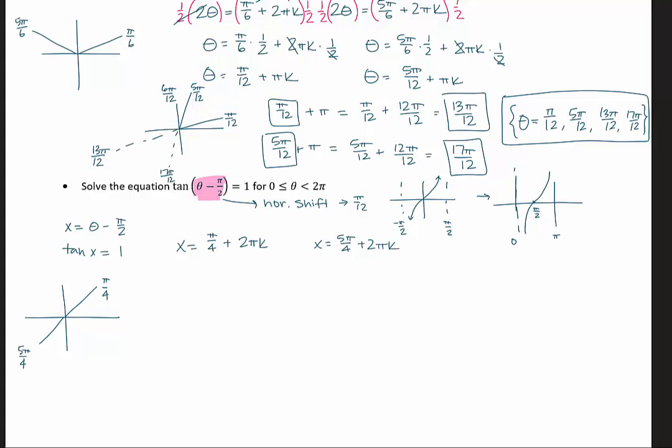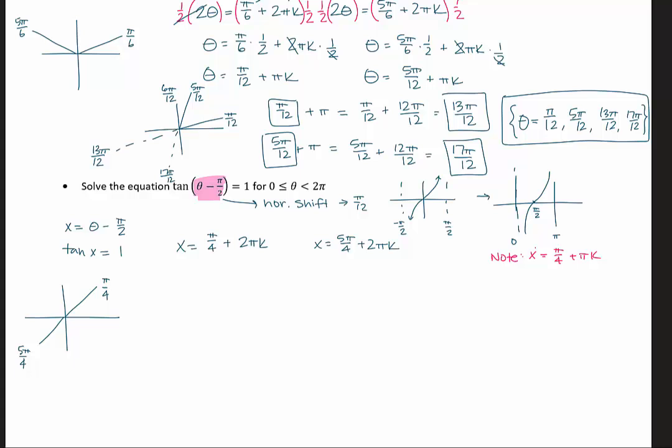But another thing to note is that if you recognize that these are just pi apart, you could write it as one thing and say x is equal to pi over 4 plus pi k. However, I don't love that method, because when I think about this, this is the only one that comes off the top of my head that are pi apart. Everything else, as we saw, are not.